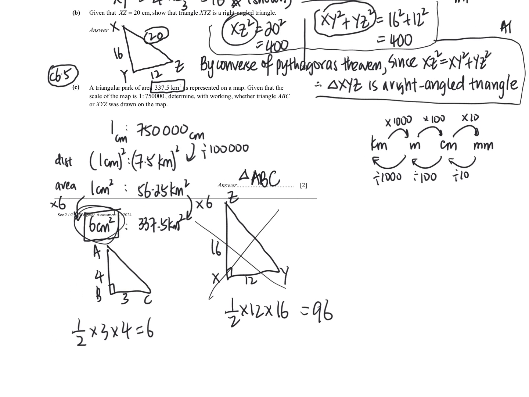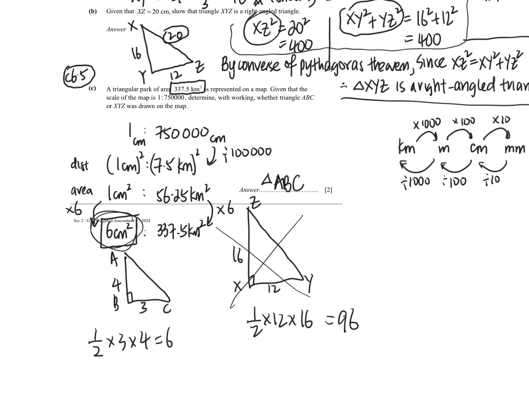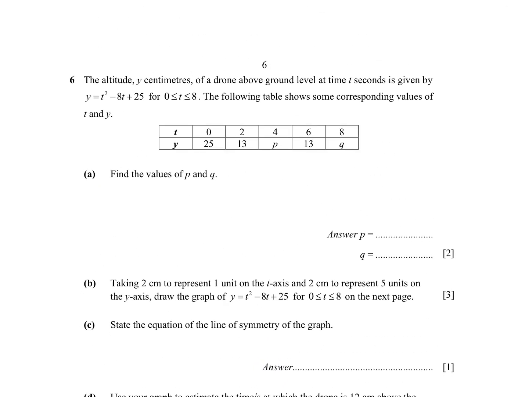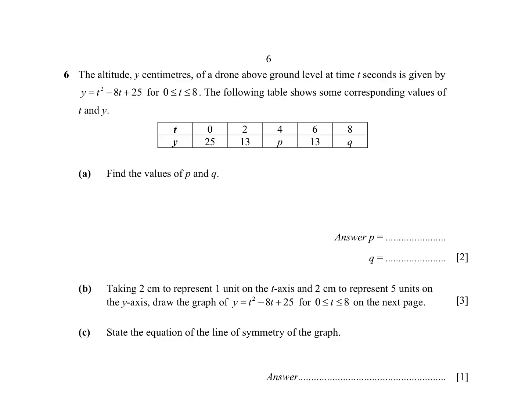Okay. Last question. The graph. First, when t is 4, you put in here. So p will be 4 square minus 8 times 4 plus 25.